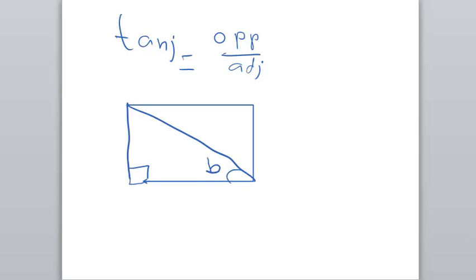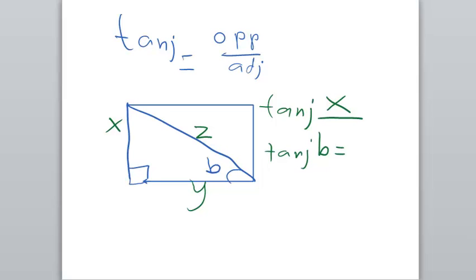So if we call this angle B, for this tangent would be, let's make it fun, let's name the sides X, Y, and Z. Opposite for the B angle is X, so tangent B, never forget this, is equal to X, this is our opposite, over Y, this is our adjacent.